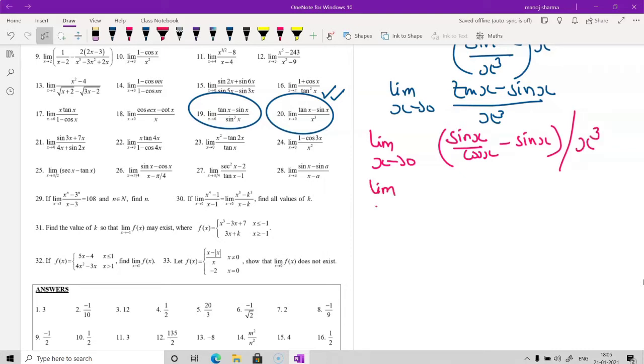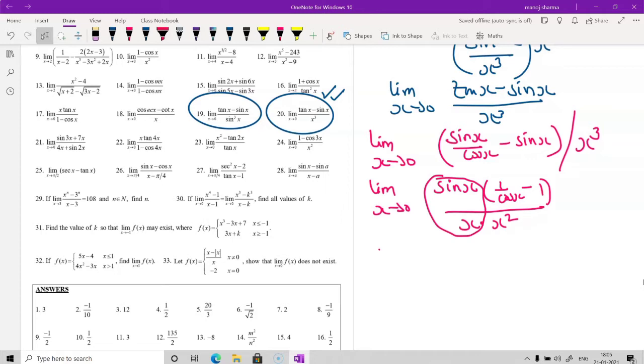Now limit x tends to 0. If you take out sin x common, it is 1 by cos x minus 1. Again, I am writing x cube as x into x square. This gives me a fair idea that in the next step I am going to make it as 1.